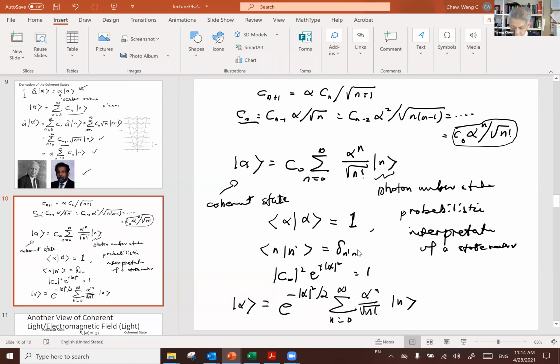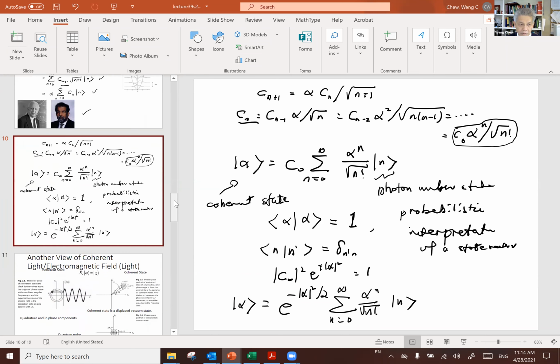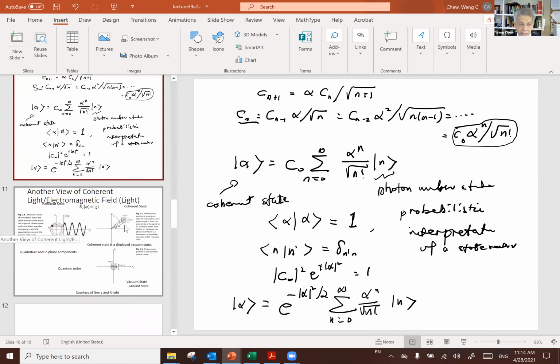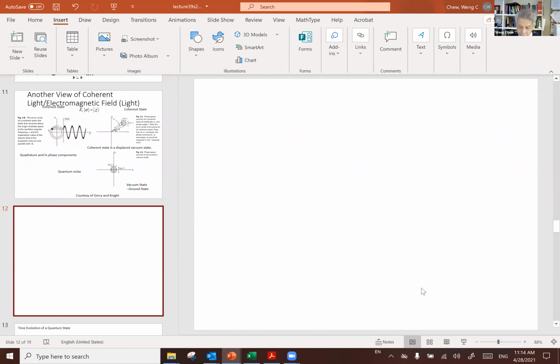Okay, and let's prove to you that this, in fact, is the wave packet that you're looking for. We will show that when this thing time evolves, it actually evolves like a quantum pendulum. And in order to find the time evolution of this, we have to plug this coherent state back into the Schrodinger equation.